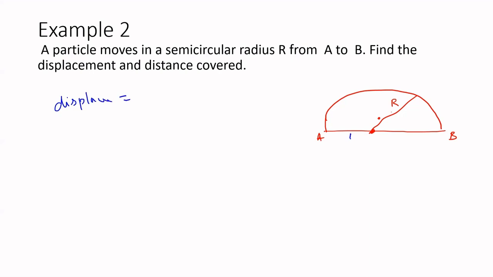Displacement equals 2R, this is also radius, this is also radius, therefore 2R. But what is the distance? Distance traveled is what we have to find.